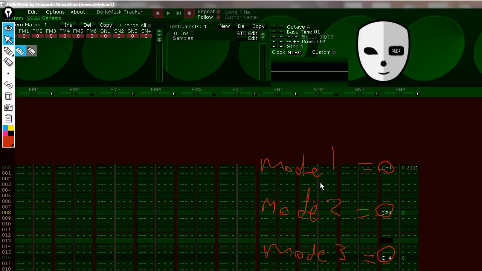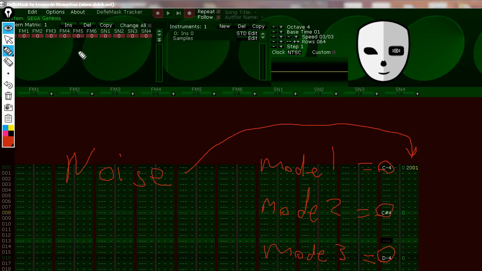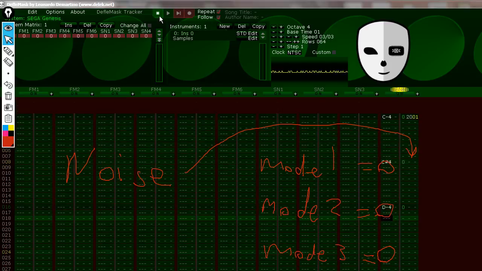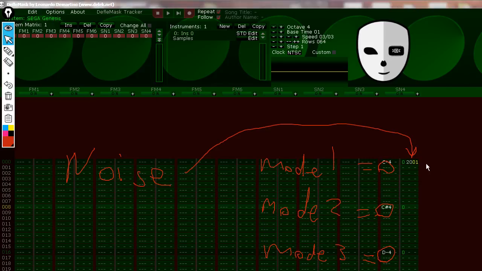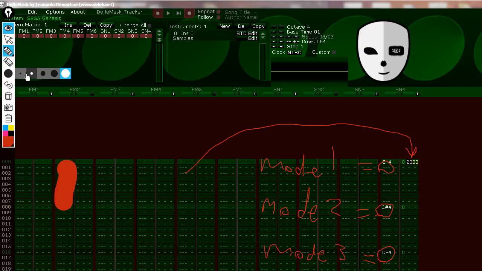Also, by the way, these three modes can also, okay, you have an option here. You have noise, right here, which is this. So that's noise. But if I change that number to 0, then it's no longer the same.